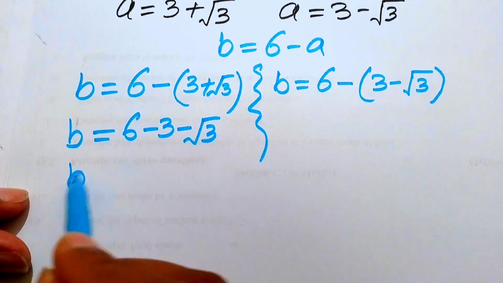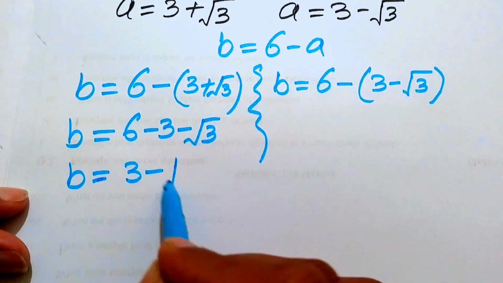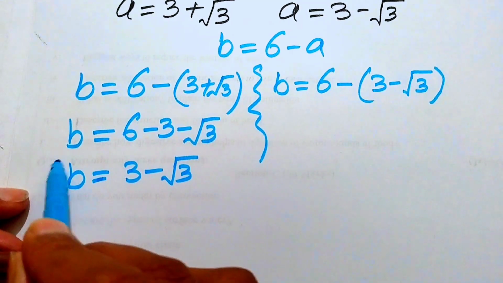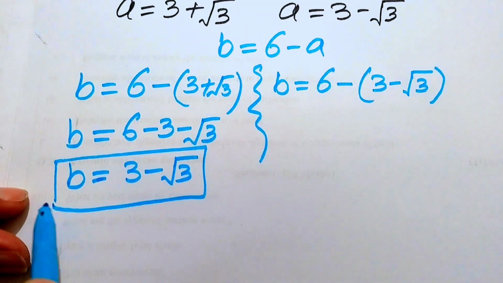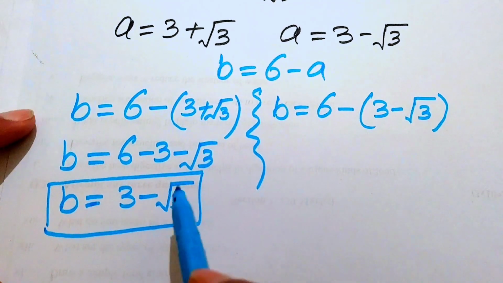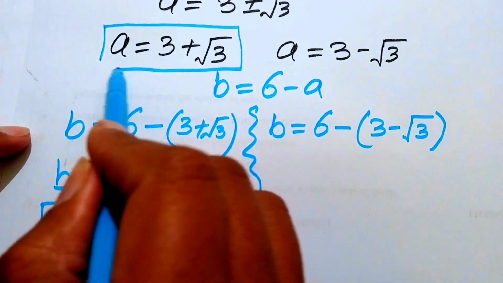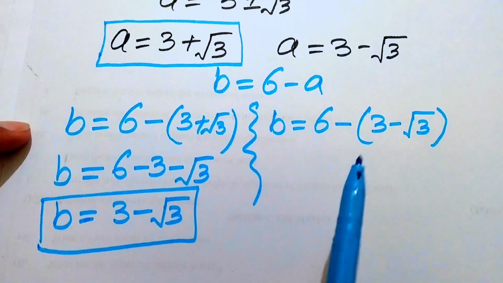So b equals 6 minus 3, which is 3 minus square root of 3. So we get the value of b equals 3 minus square root of 3, when the value of a is 3 plus square root of 3.